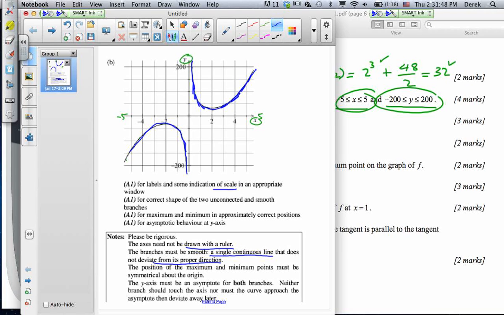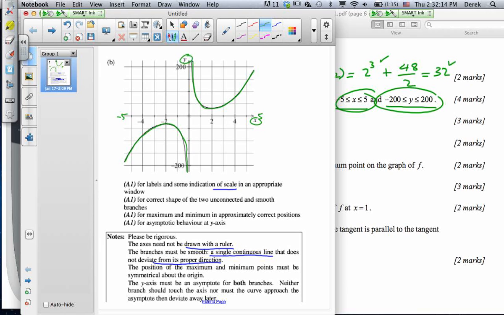It's got to be a single line. So you've got to practice this. This comes with practice, and over the next couple of months you really need to practice your drawing of your graphs, that you do a nice curved line. You've got your calculator, which gives you a good idea of how the graph should look, and it should continue going down all the way there. This would be, I would need to redo that one.